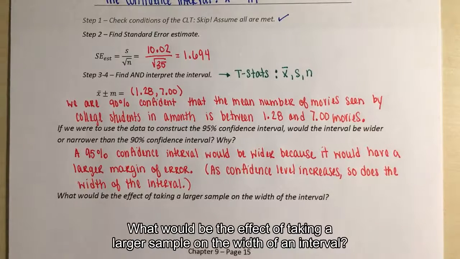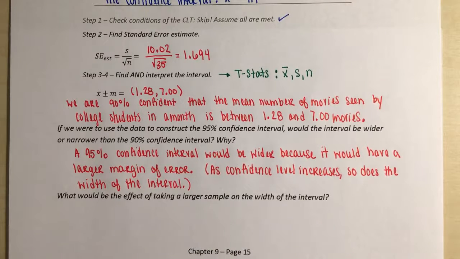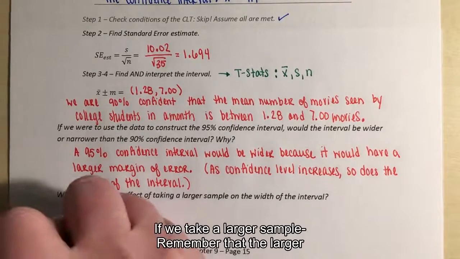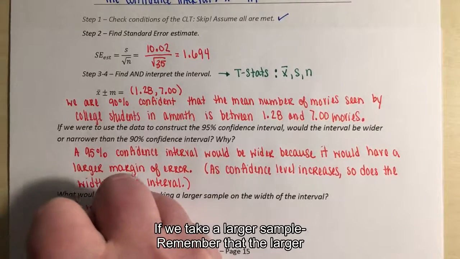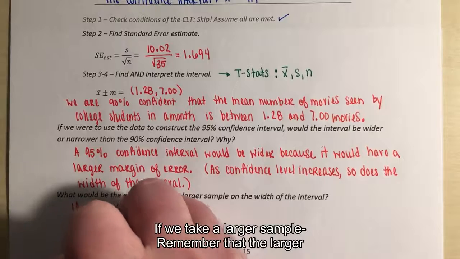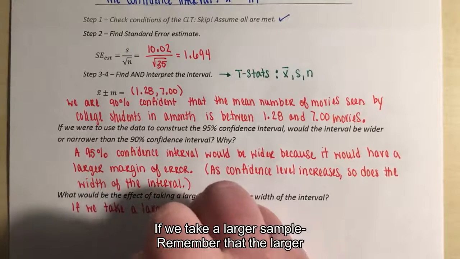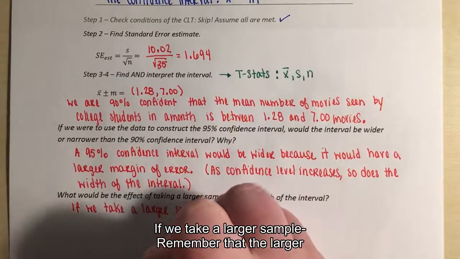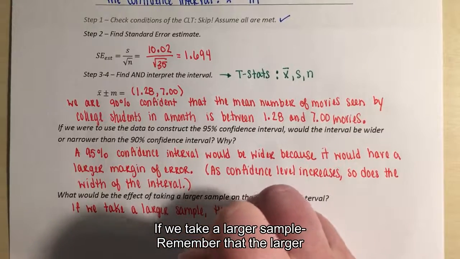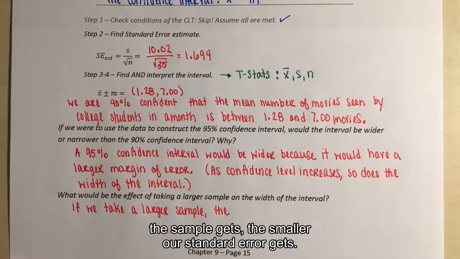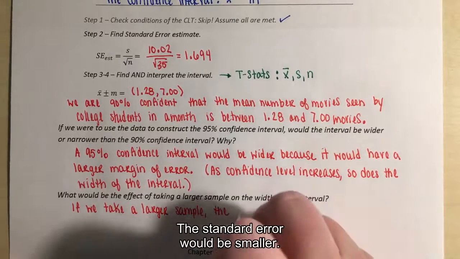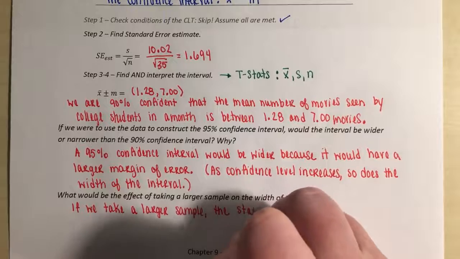Okay, what would be the effect of taking a larger sample on the width of an interval? If we take a larger sample, remember that the larger the sample gets, the smaller our standard error gets. So the standard error would be smaller.